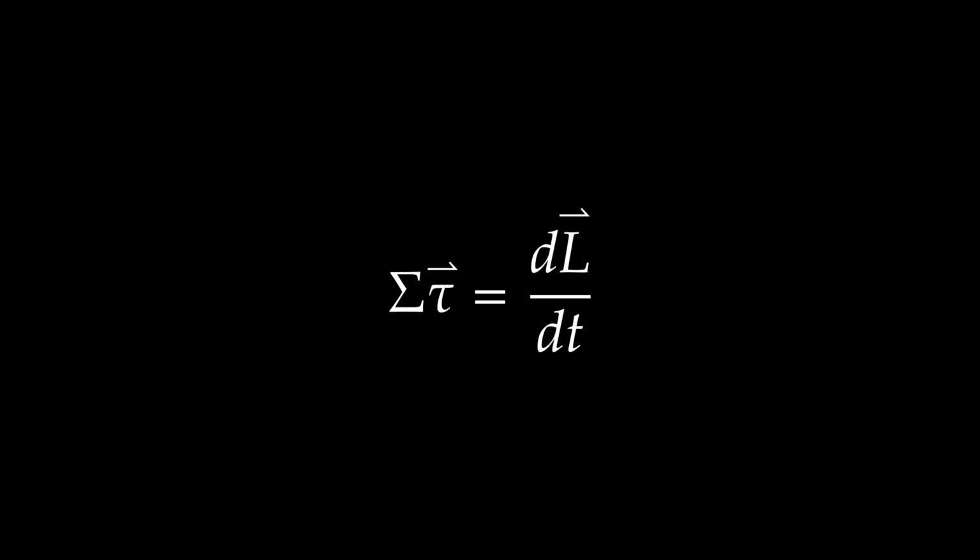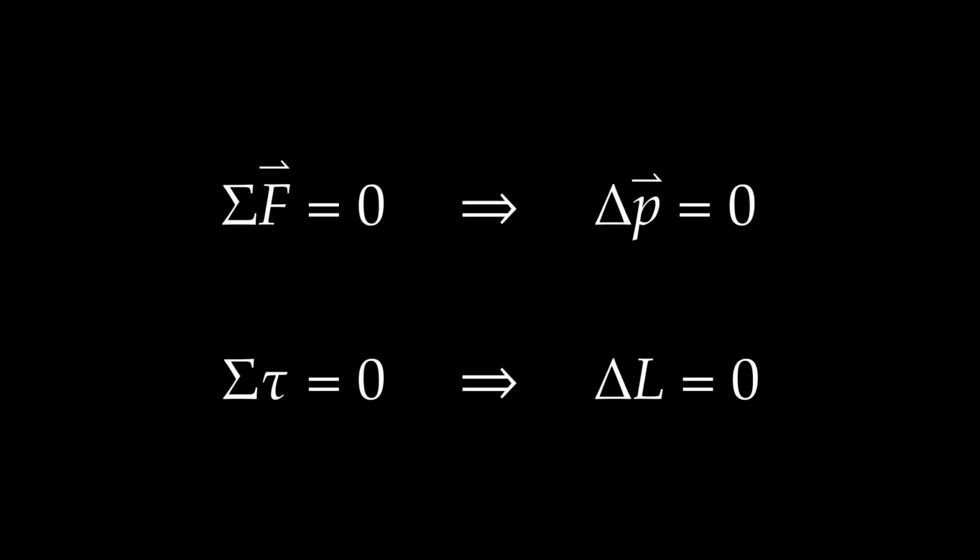But I want to point out a thing, is in the case where the net external force, that is where sigma F is equal to 0, which is a case that I encounter sometimes, in collisions where there are only internal forces acting, I know that all of those internal forces are action-reaction pairs, so they add to 0.